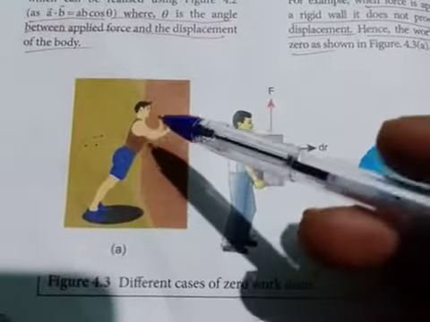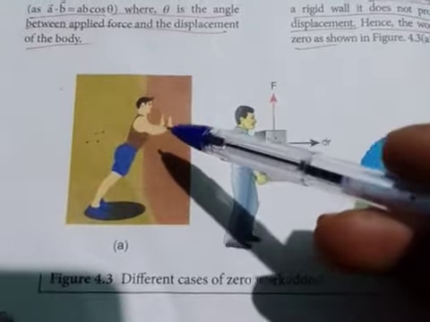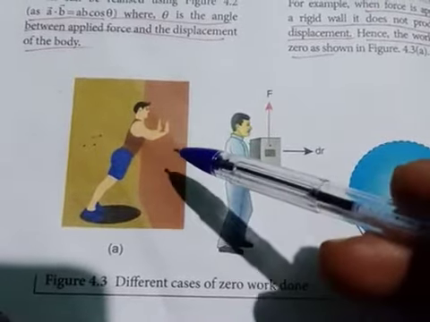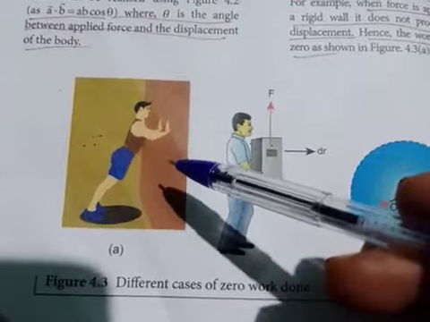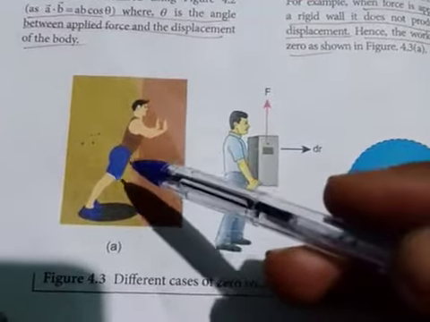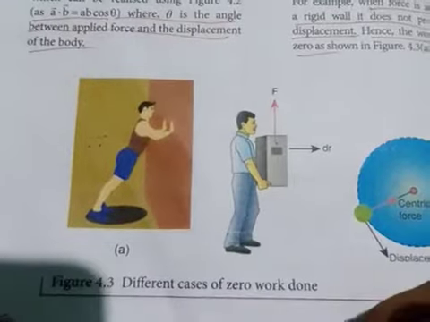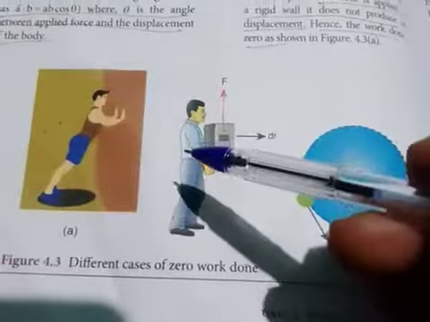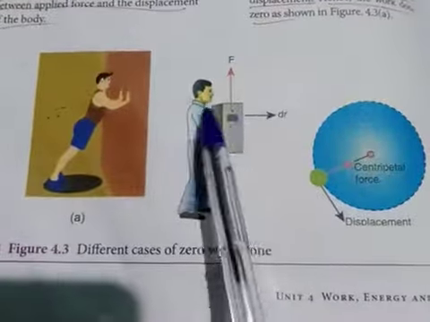You are pushing the wall means you are applying force on this wall, but there is no displacement of the wall. So it does not produce any displacement. So we can tell that the work done is 0. And the third case is force and displacement are perpendicular.